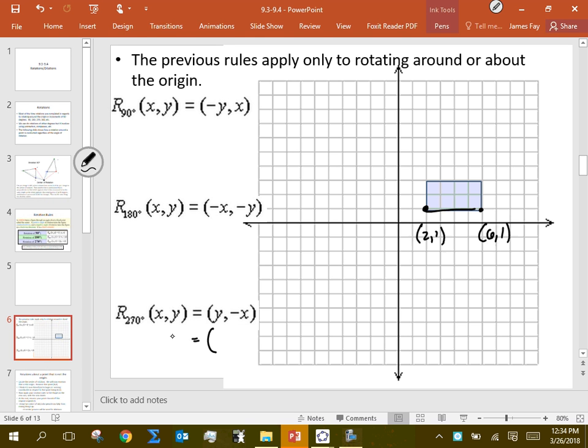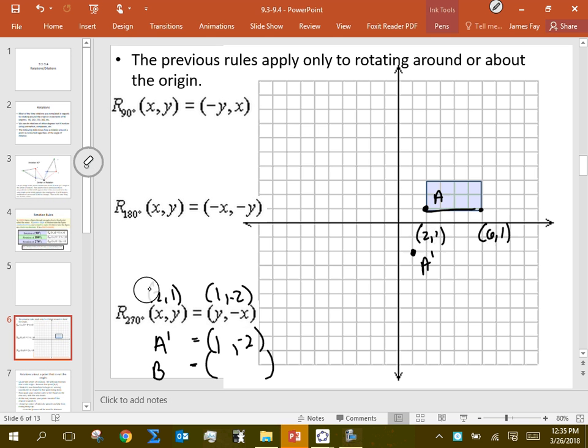A was at 2, 1, so if I had 2, 1 here, then you flip-flop them, right? It becomes 1, 2, and then I've got to negate it. So A prime is at 1 comma negative 2. 1 comma negative 2 would be there. So there's A and A prime. And then B prime.